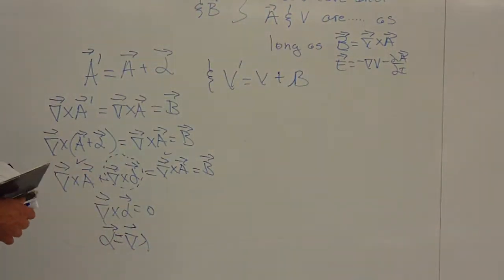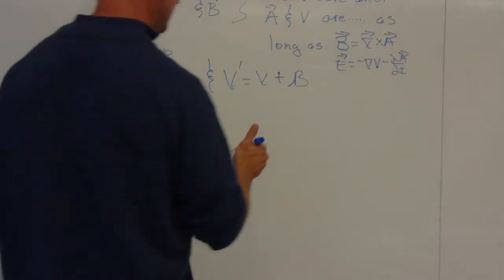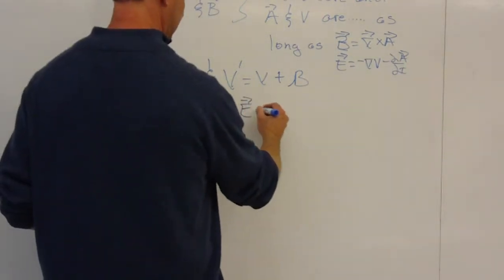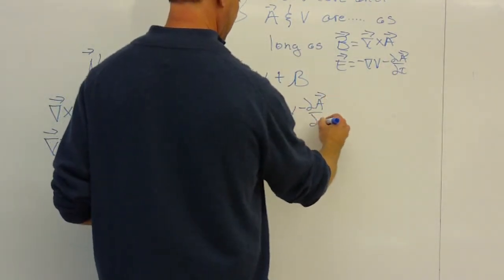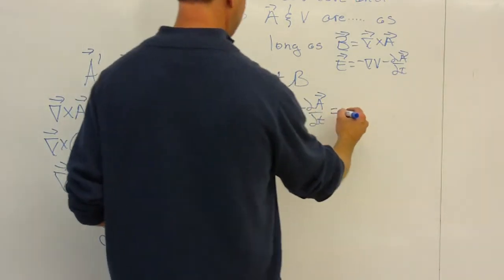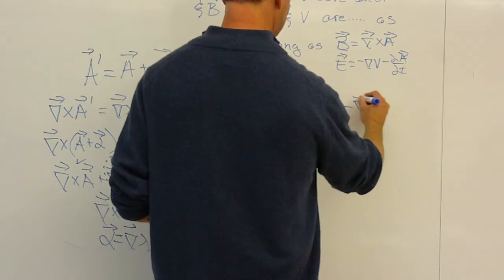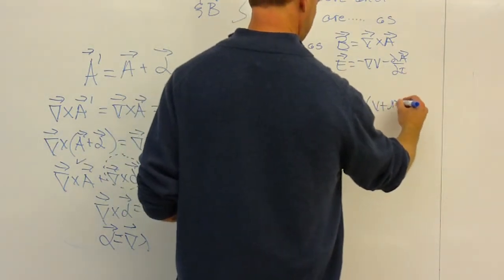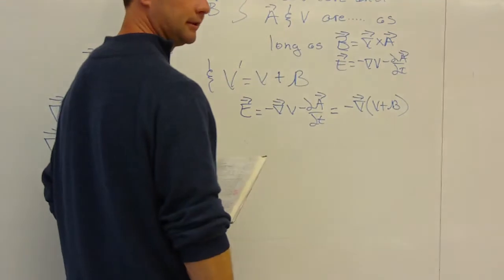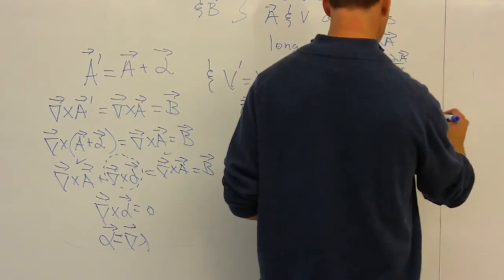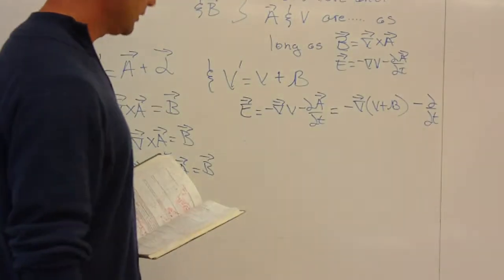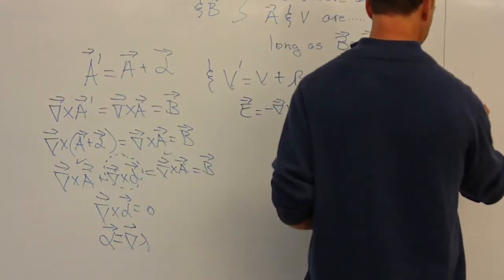Now we want the two potentials to give the same E. So we want E to equal minus the gradient of V minus the partial of A with respect to t, and that has to equal minus the gradient of V plus beta, minus the partial of A plus alpha with respect to t.